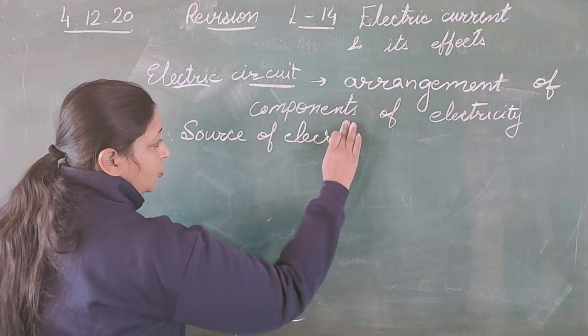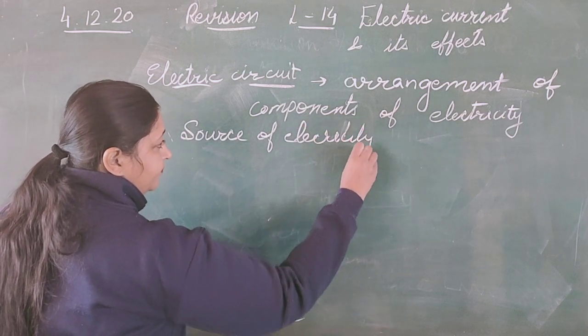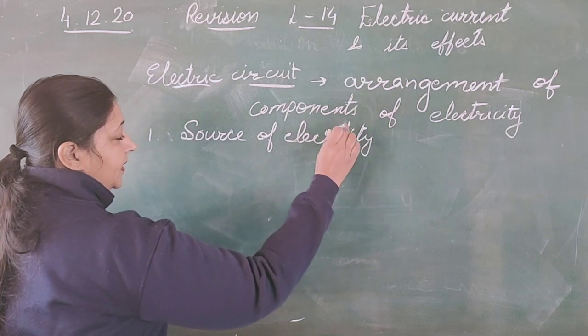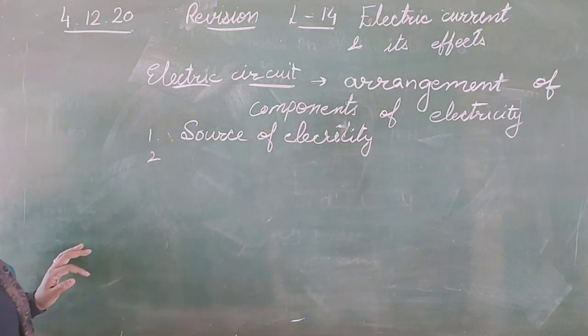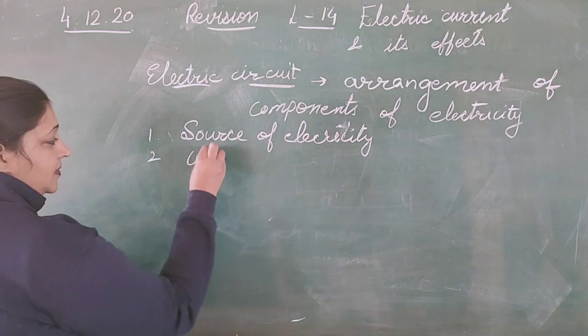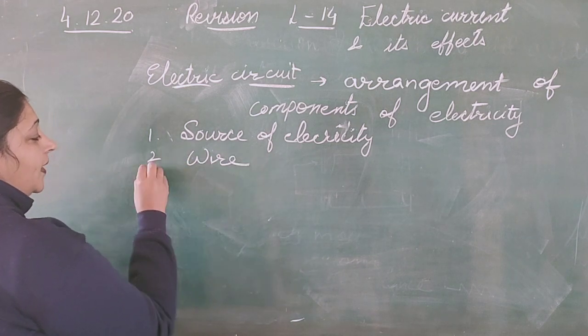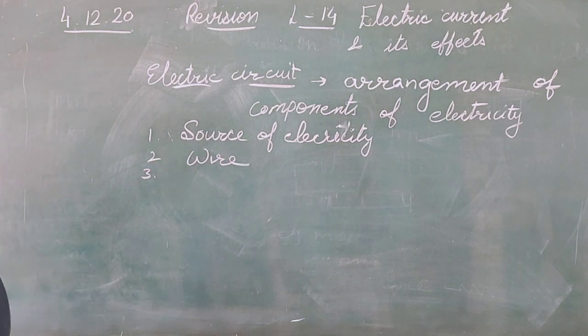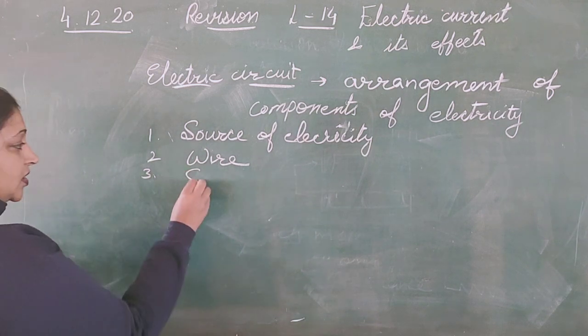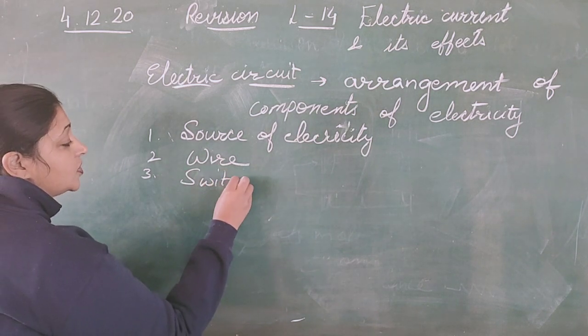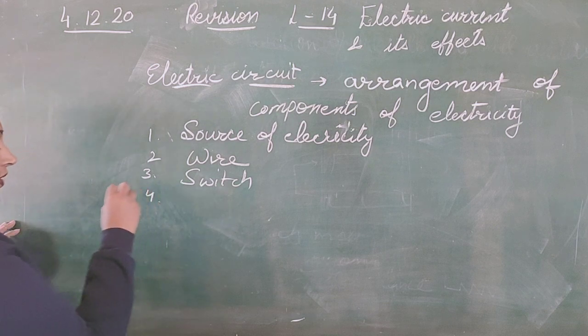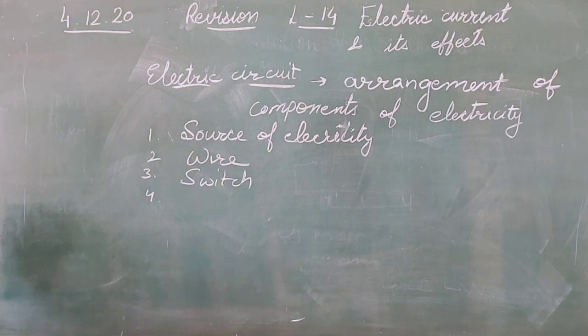Source of electricity, then wires. Obviously, without wires, how will the current flow? And a switch is used to control the flow of current, whether we have to turn the battery on or off.